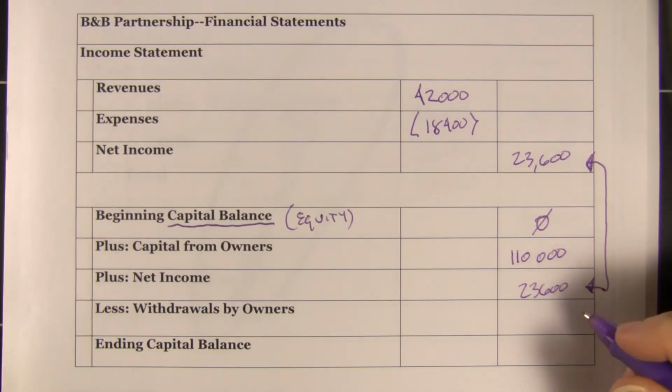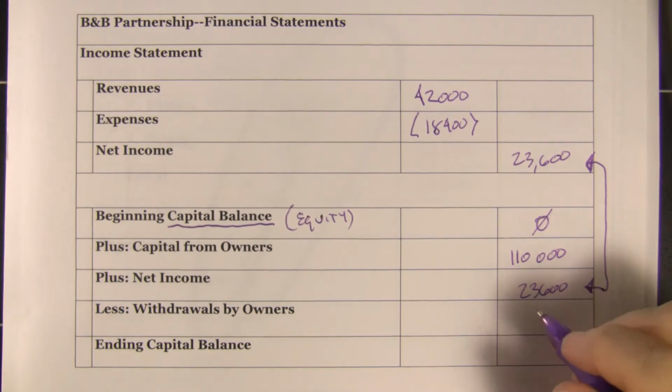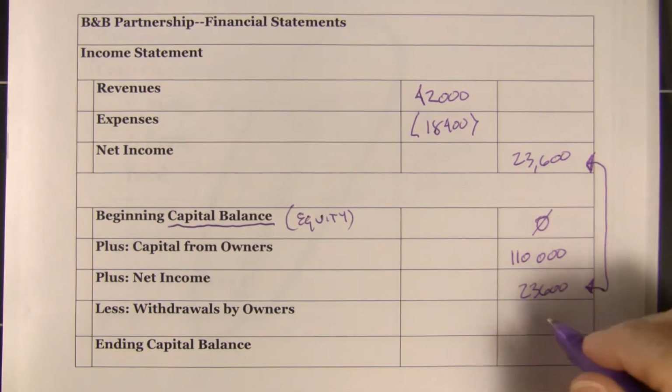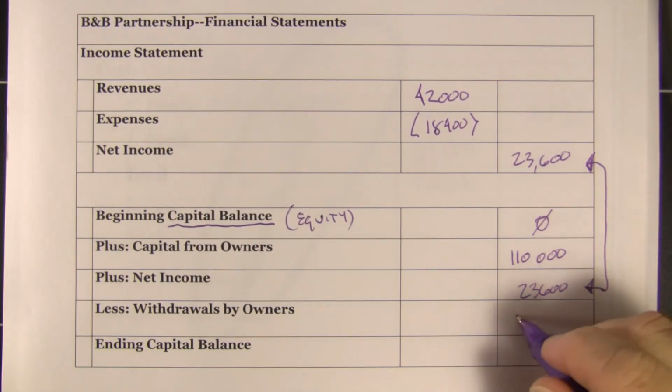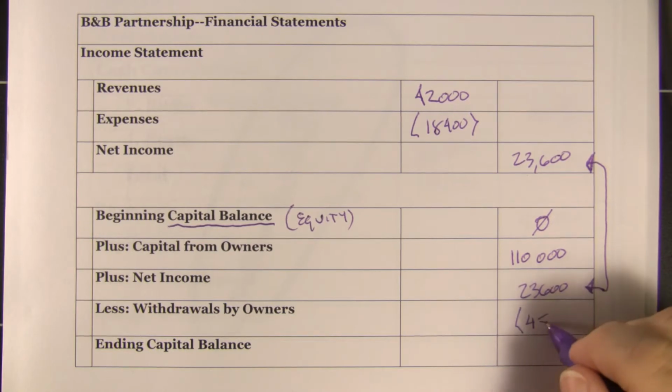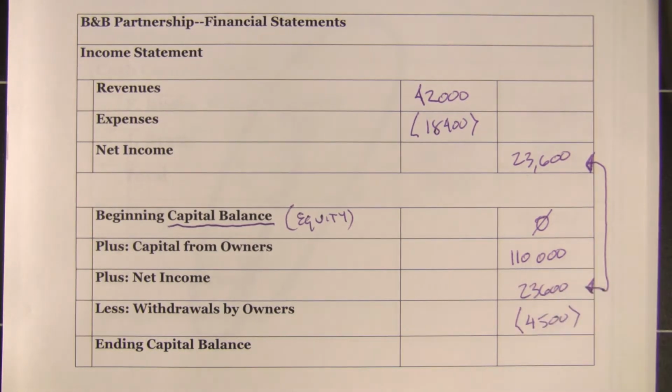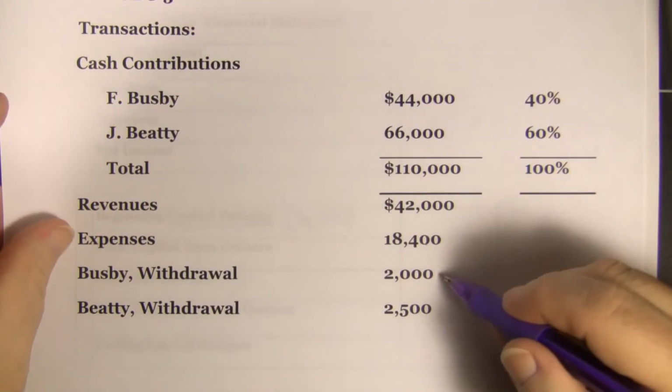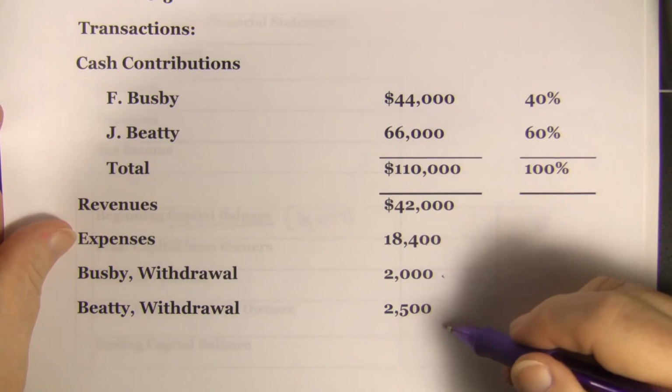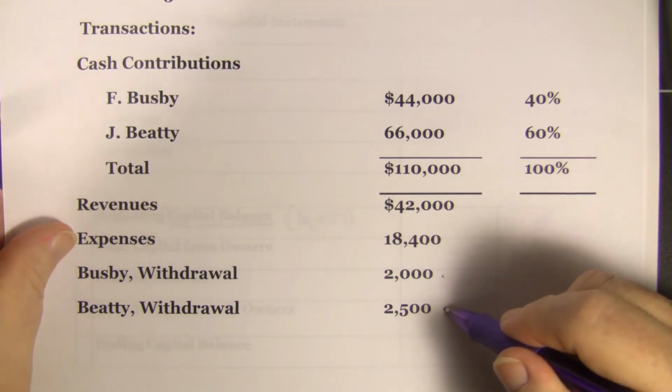They mean and they act the same way. They reduce the capital balance. Remember, between them they took $4,500. Busby took $2,000 and Beatty took $2,500.